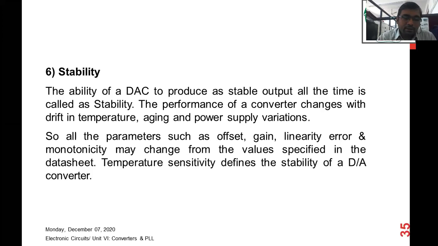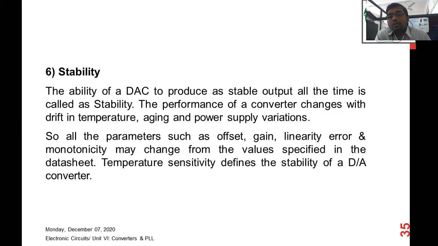The last one, talking about the characteristics of the DAC, is stability. Stability is the ability of the digital to analog converter to produce a stable output all the time. It means the performance of the converter changes.